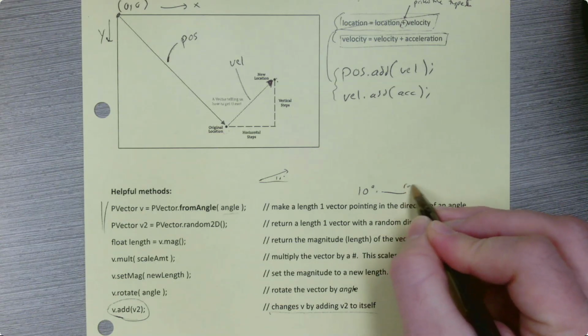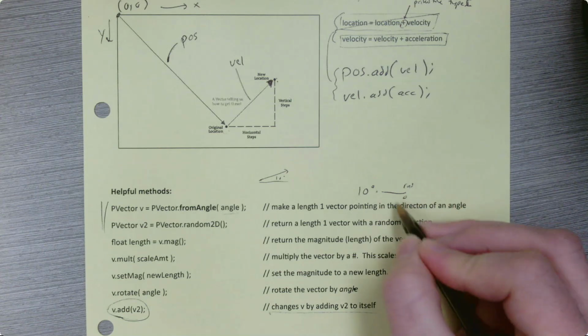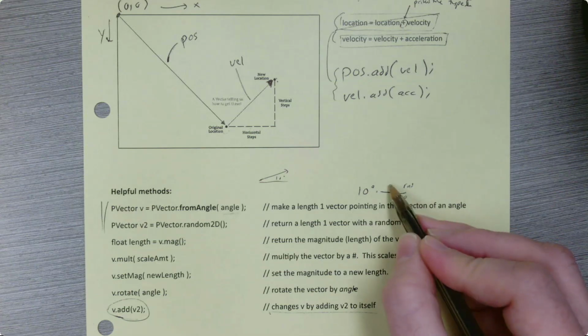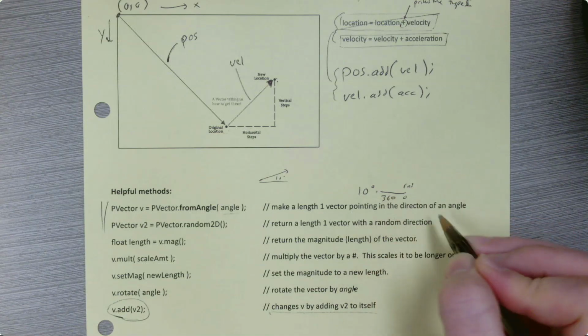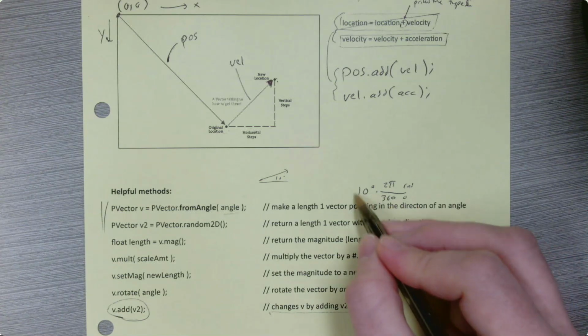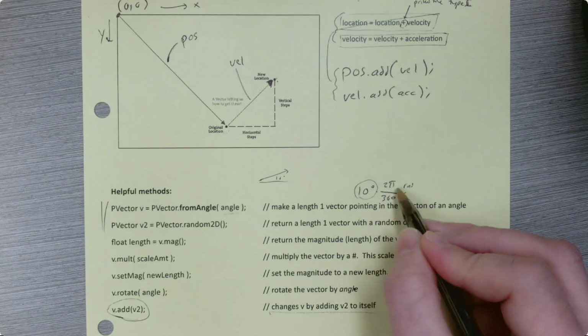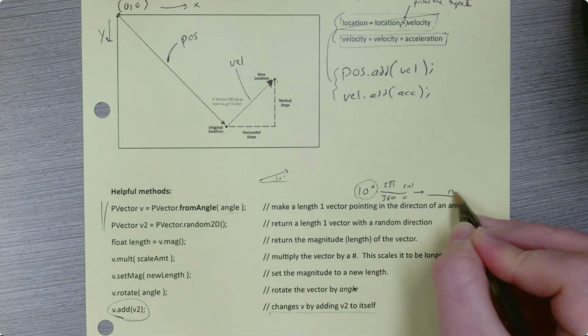We want to end with radians in the numerator, and we'll have degrees in the denominator. So we just have to say how many radians in a certain number of degrees. So I know 360 degrees is a full circle. 2 pi radians is a full circle. So if you take your number of degrees and you multiply it by 2 pi over 360, that turns it into however many radians you want.